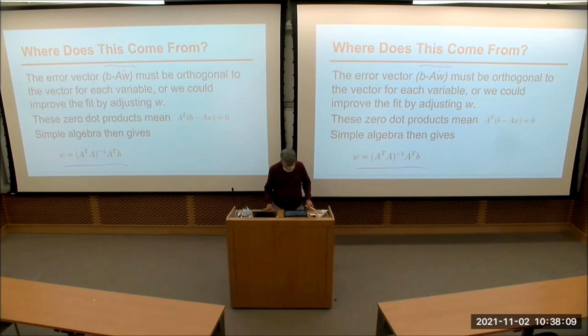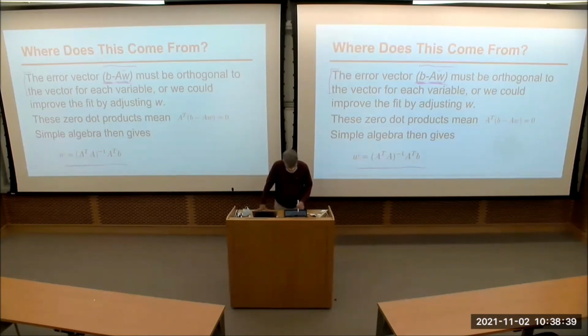What does this mean? It means that if we look at the errors in the predictions, namely the target values minus the predictions, if W are the coefficients, this error vector has to be orthogonal to the vector of each variable. If not, there would be a way that you could come up with a better fitting line than W.